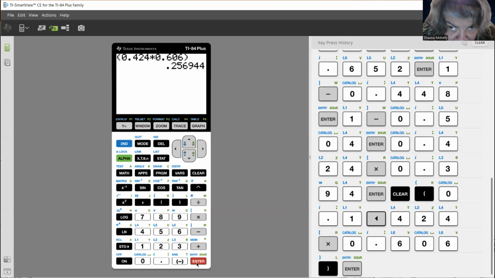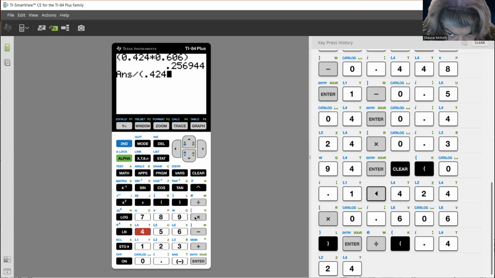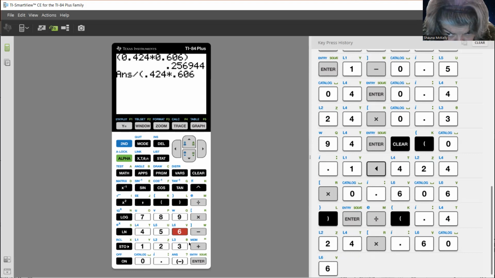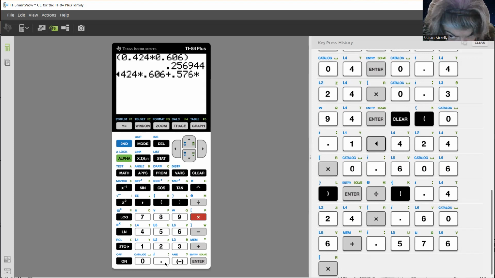That's my top. I'm going to divide that by, open parenthesis, actually, 0.424 times 0.606 plus 0.576 times 0.652.